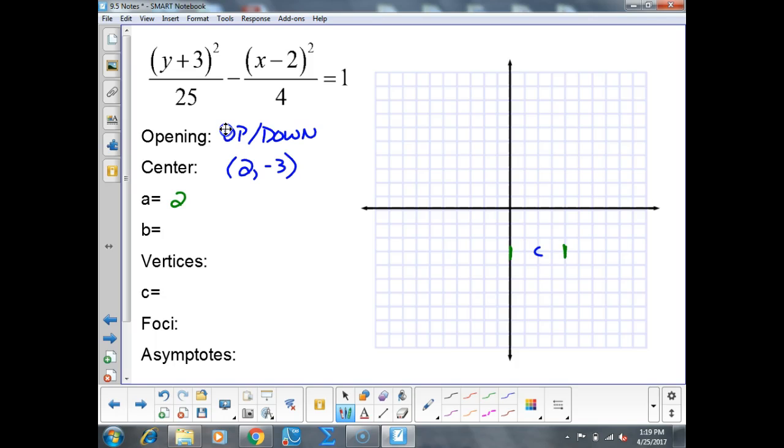B value. So I go up 5, down 5 from the center. Now I can draw my box.